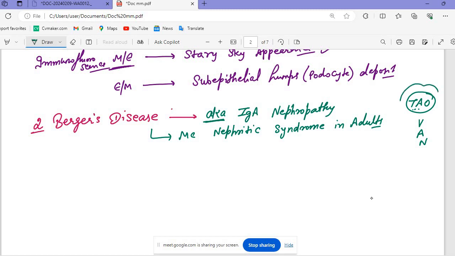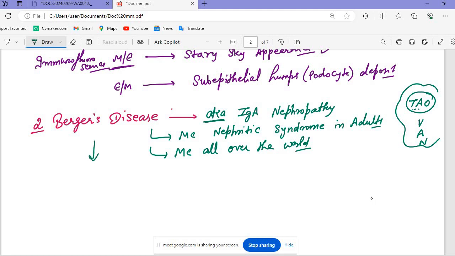This is just a reminder of what we already studied. Berger's disease is the most common nephritic syndrome in adults and most common all over the world. The most common finding we see is PSGN, but the most common all over the world is Berger's disease.